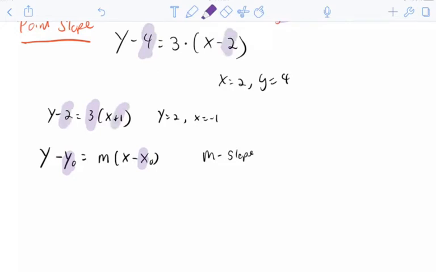But these two values are a solution. x naught, y naught are the coordinates of a solution. So you have to be kind of careful with the signs there, but it's not too wild.